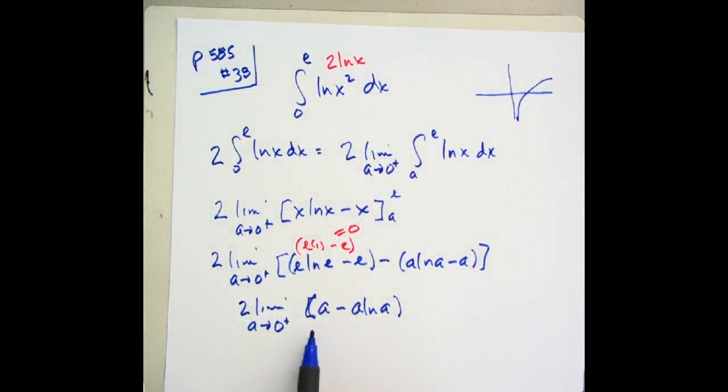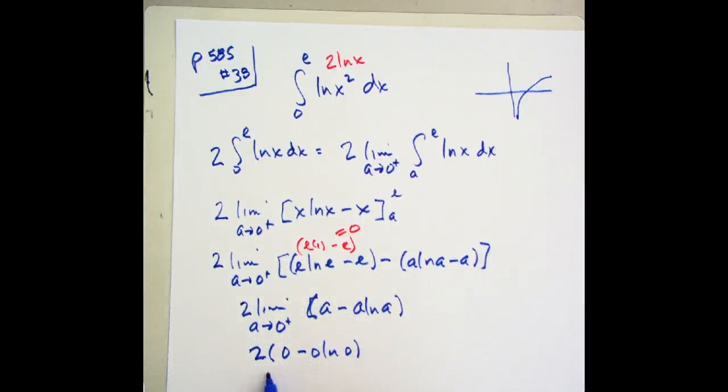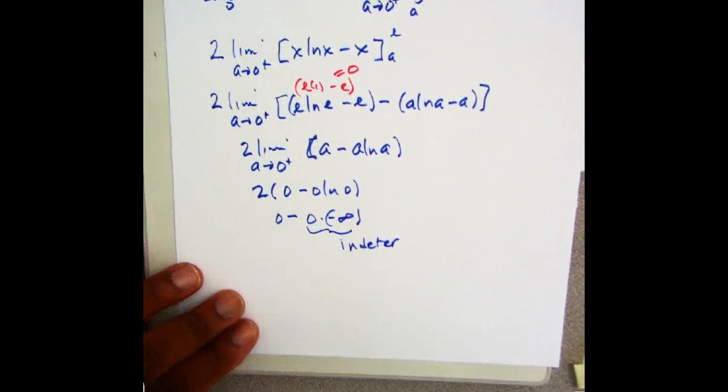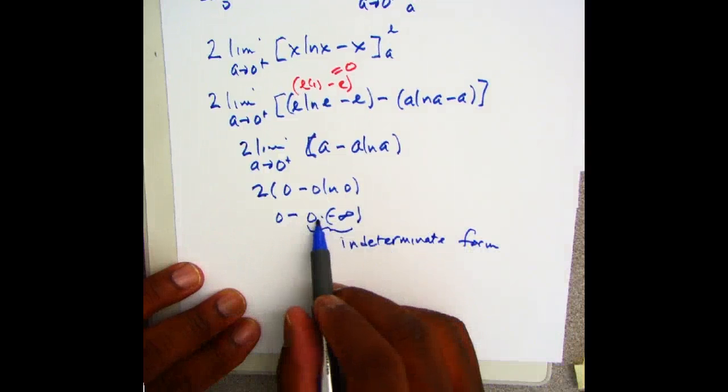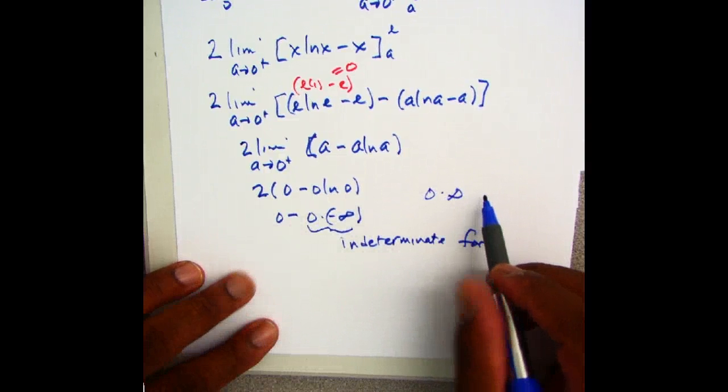Okay, now when we evaluate this limit, this will be 2 times 0 minus 0 ln 0. Well, this is 0 minus 0 times negative infinity. And this part right here, we haven't talked about it, but this is also an indeterminate form. So this 0 times infinity is indeterminate.